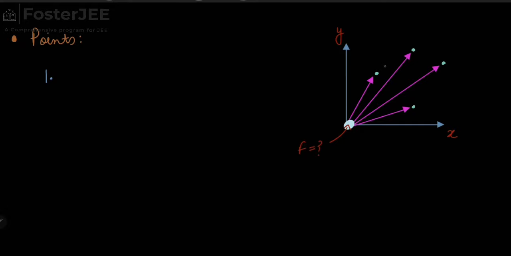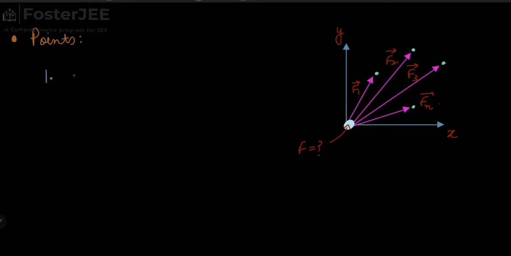Suppose there are many charges. Due to this charge, suppose the force is F1. Since it's a vector quantity, we will represent it by a vector. By this charge we have F2. By this charge the force is F3, and suppose this is the nth charge, so the force is Fn.